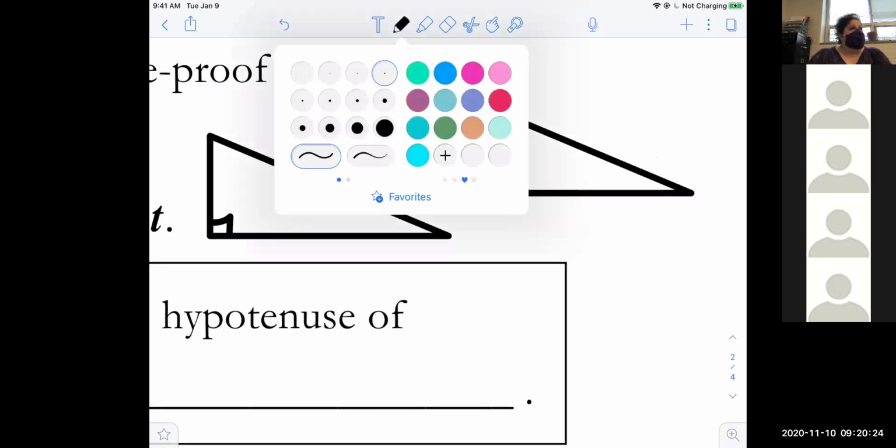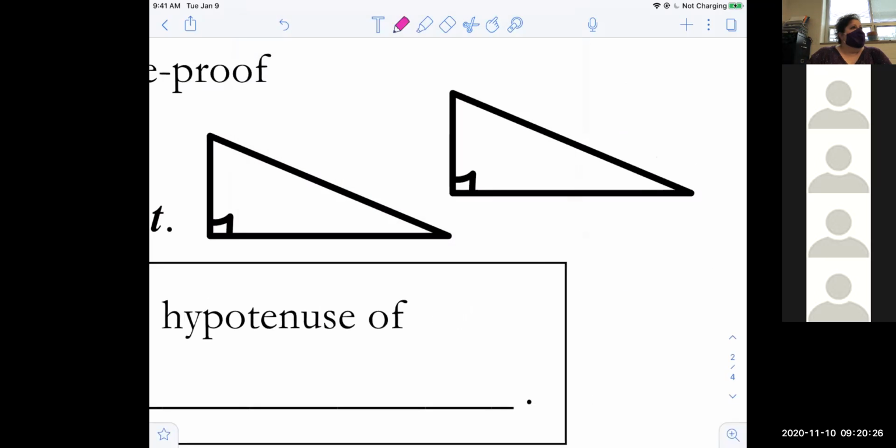Where is it? Across from what? Yeah, it's across from the right angle. The hypotenuse is across from the right angle, the legs are the other two sides. So if we know the hypotenuses are the same, and we know a pair of legs are the same, then those triangles are congruent by HL.